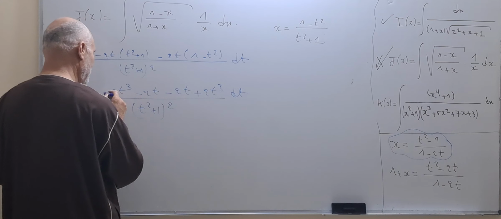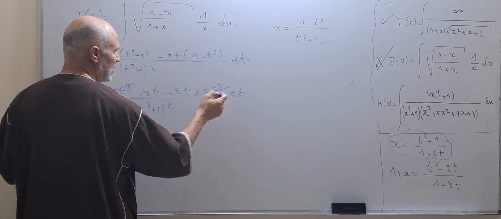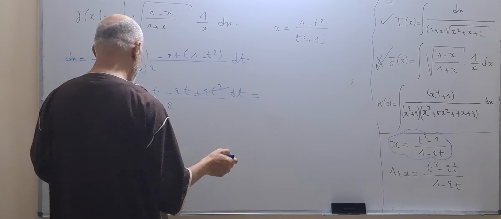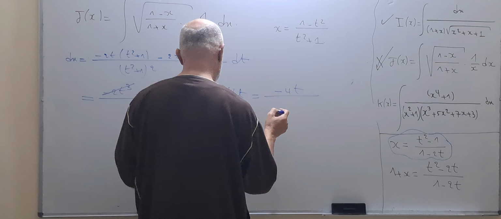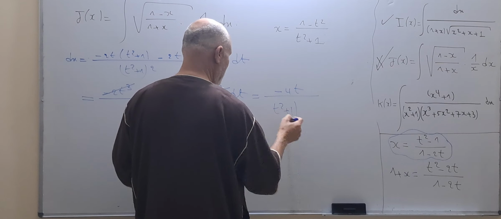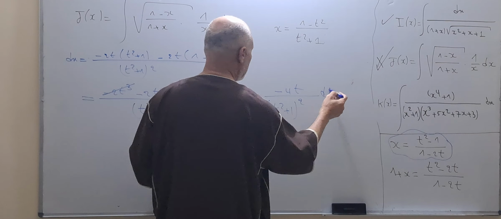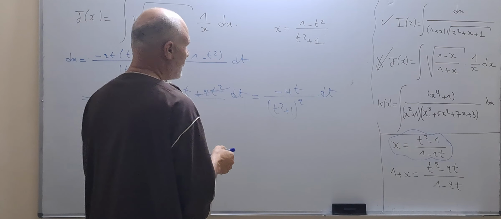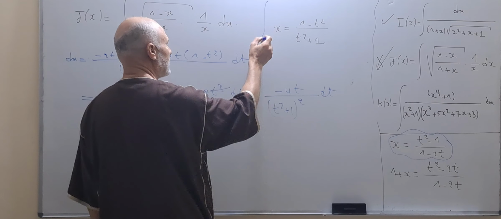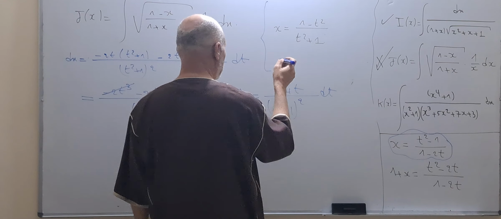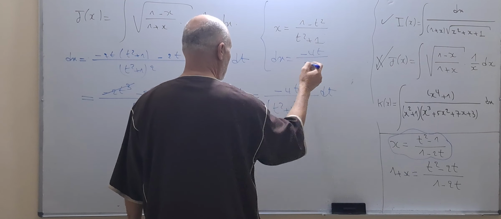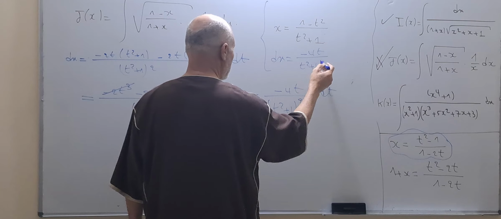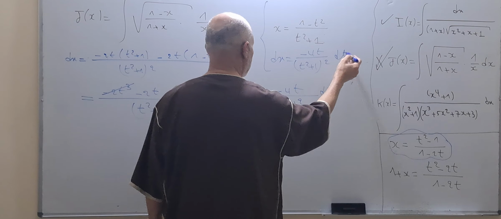Here we can remark that the cubes cancel, keeping minus 4t over (t squared plus 1) squared dt. So this is the second important formula in this kind of integral: dx is equal to minus 4t over (t squared plus 1) squared dt.